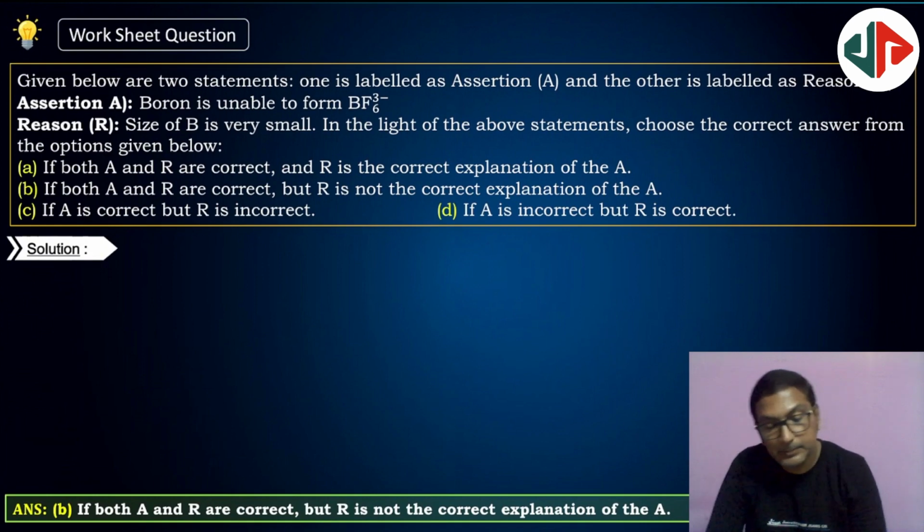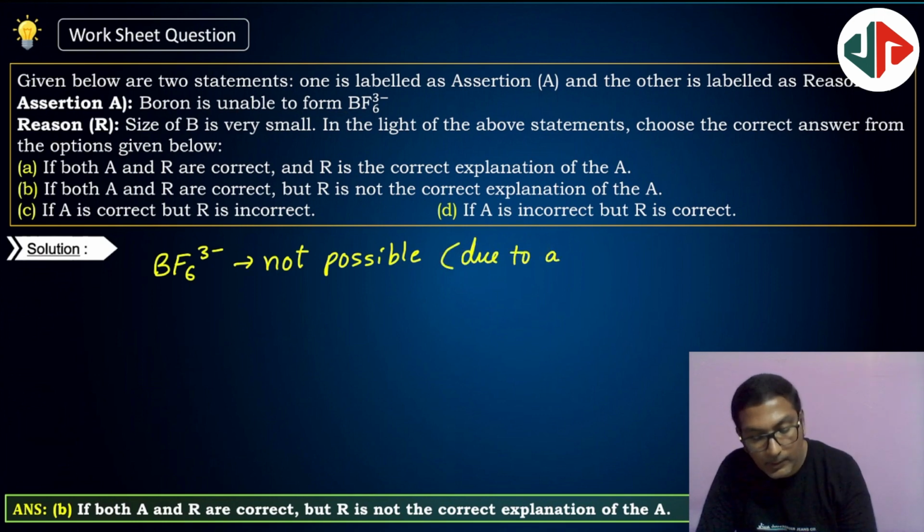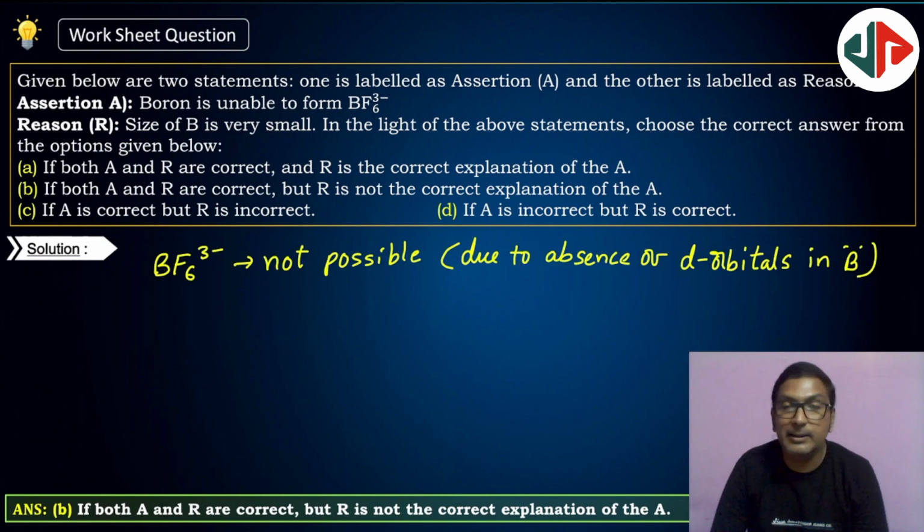This is very, very important. So what are the assertion? Boron is unable to form BF6 3-, which is correct. BF6 3- not possible due to absence of d orbitals in boron. Boron has only s and p orbitals. Therefore, it cannot expand its valency up to 6.